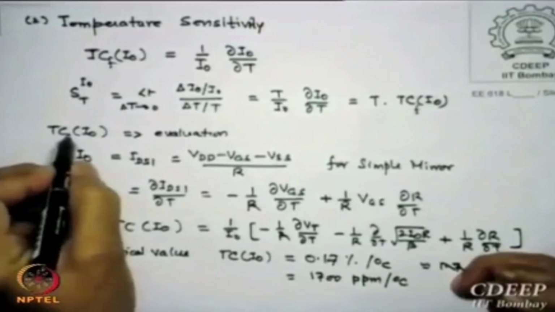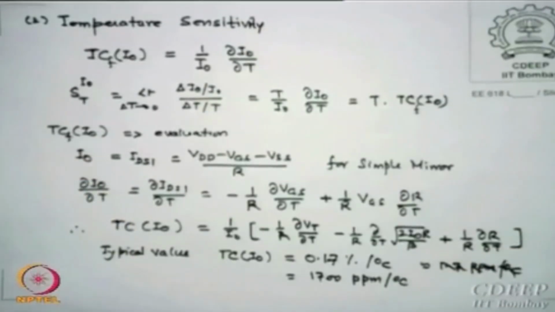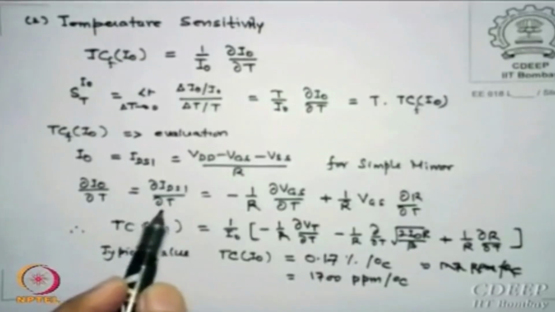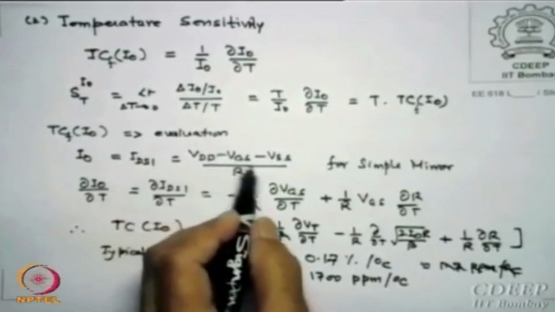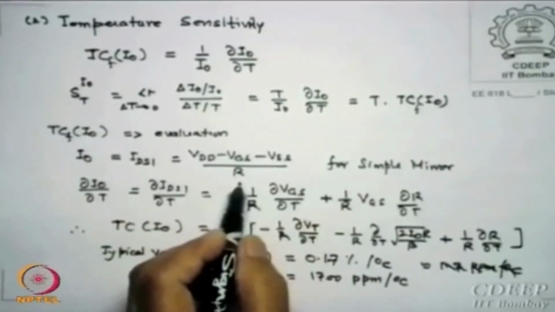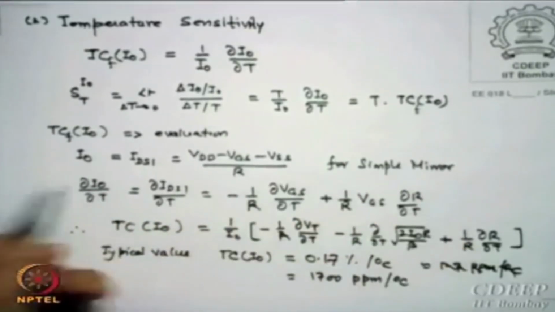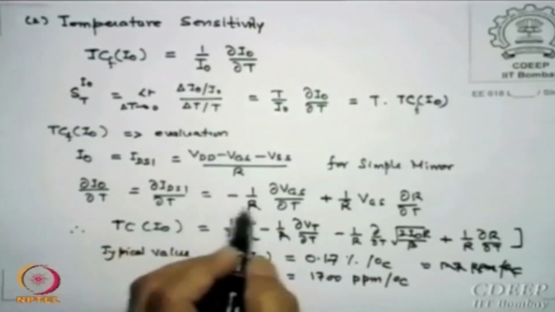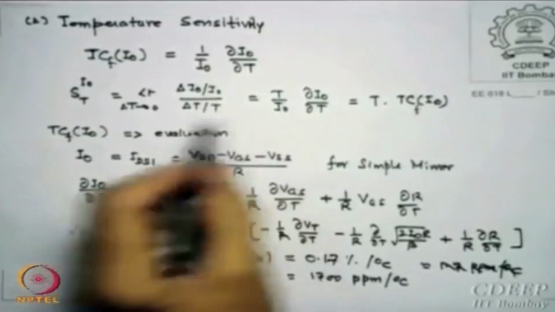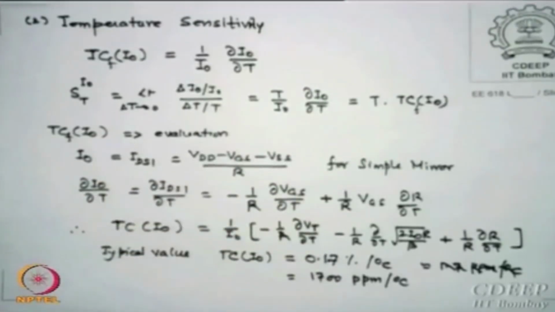Okay, let us calculate TCF. What is I0? As we just wrote, it is IDS1, which is VDD minus VGS minus VSS by R for the simple mirror. I differentiate, so it is delta IDS1 by delta T, and I differentiate this term with reference to temperature. Now which are the terms which are functions of temperature?